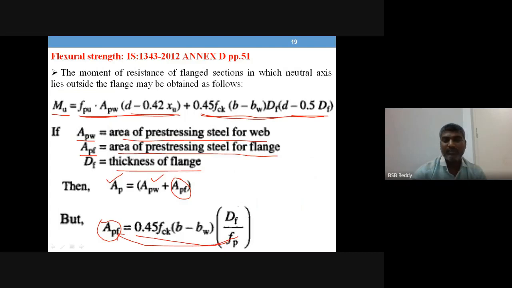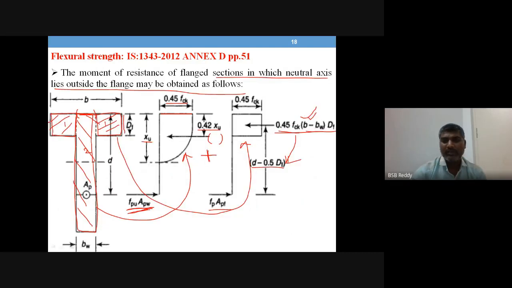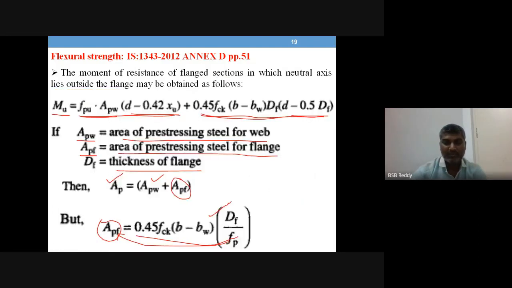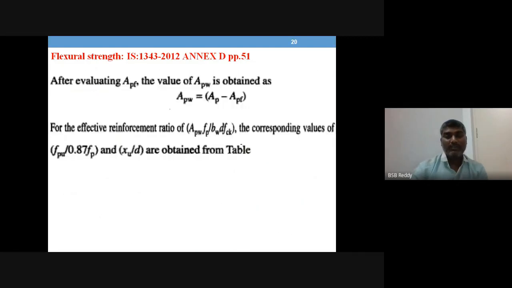Compressive force is taken from this one, 0.45 FCK (B minus BW) DF. So bringing this towards the denominator, you will get the APF value. Once you get the APF value, substitute it here, you know the total area, so then you will get the APW value. Okay, so that is how it is.